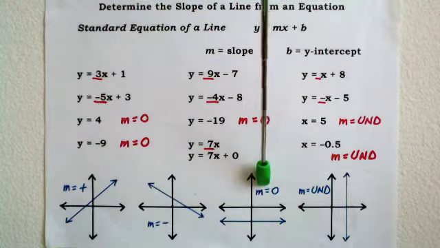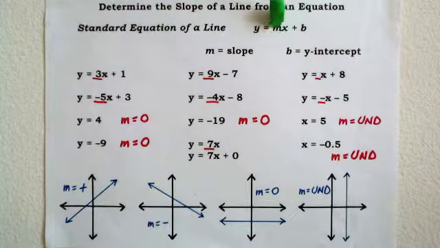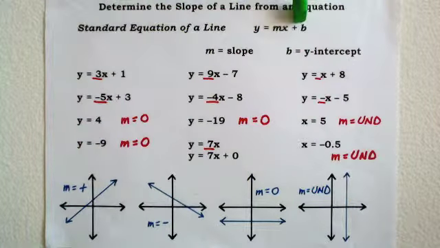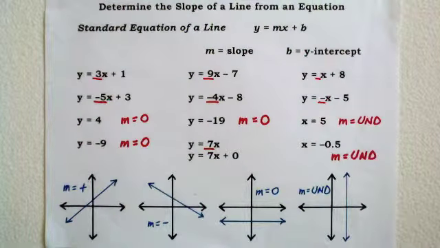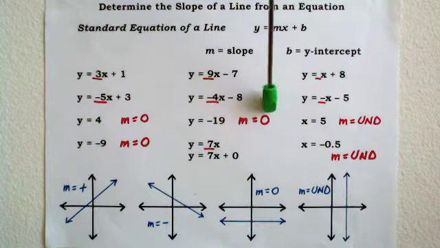So if I were to plug 0 into this standard equation of a line, 0 times x equals 0. So this term with the variable would be eliminated and you'd be left with y equals whatever the y-intercept is as the equation of the line. So the slope of all horizontal lines is 0.